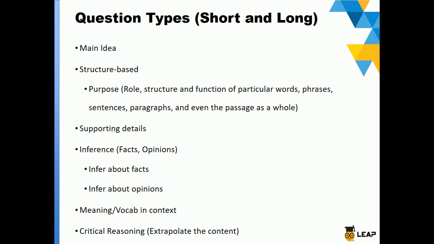Meaning or vocab in context questions are questions where you are asked the meaning of a specific word or a phrase in the context of the passage. And last of all, critical reasoning questions are when you are asked to extrapolate the content of the passage. So when you are asked to make a parallel proposition that would be similar to something given in the passage, you are being asked a critical reasoning question.